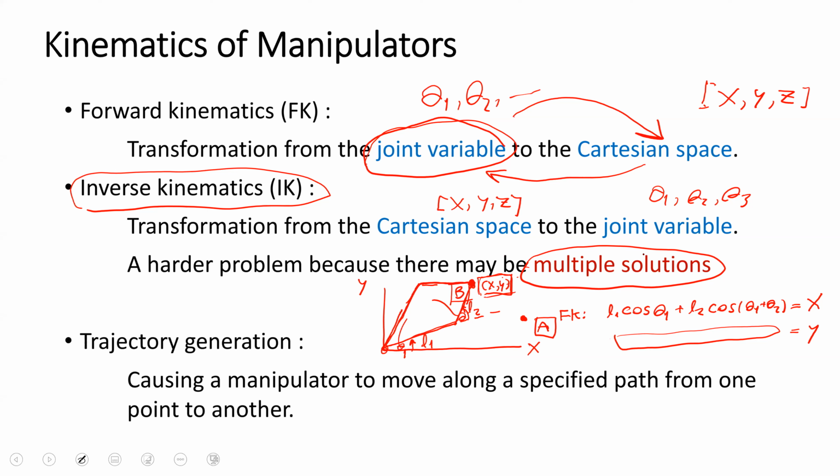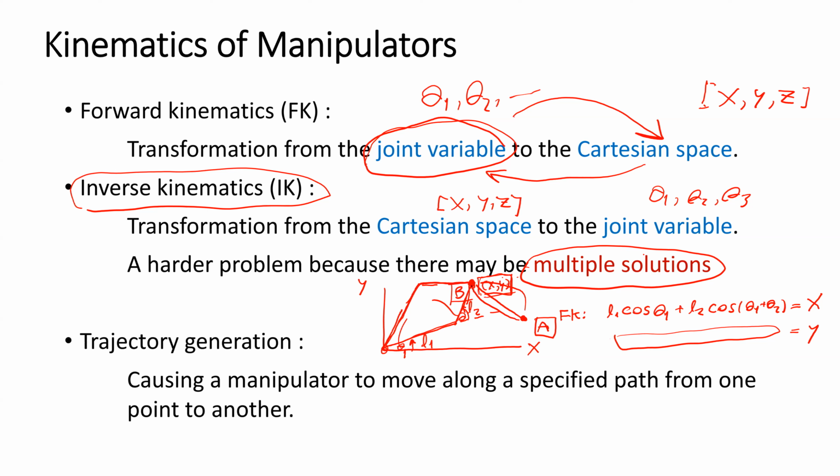It's not only the endpoint moving as a linear path to the target position. It can go in a curved path or some different curve to go to that point.